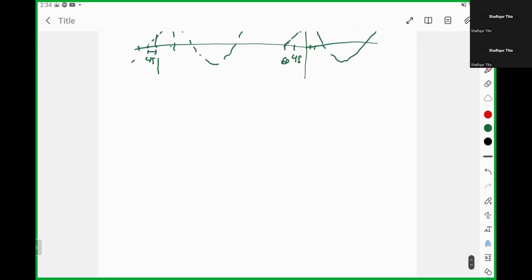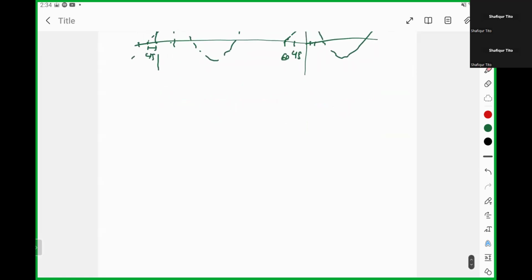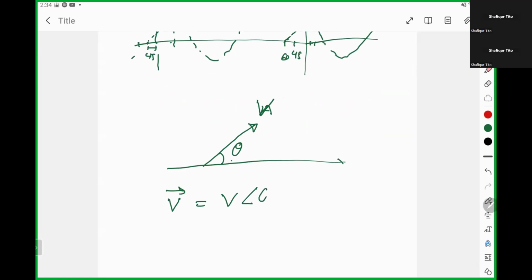So that's why, if you have a polar representation, let's say this is the amplitude V and this is the angle, I can represent this vector as V angle theta.